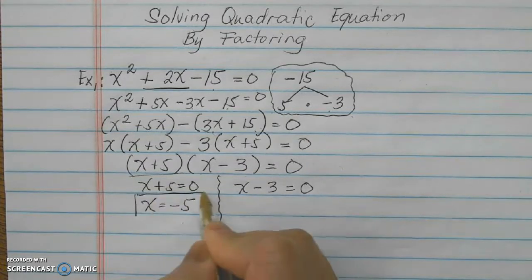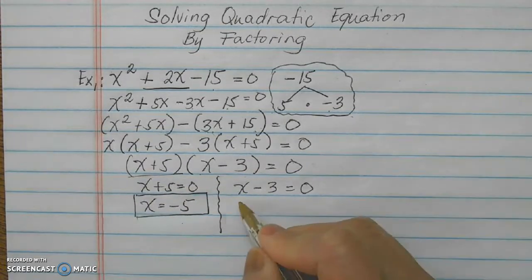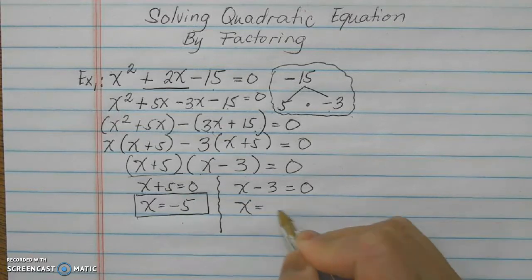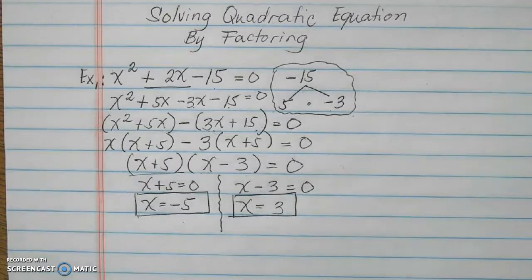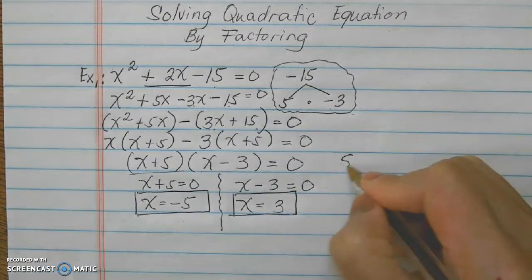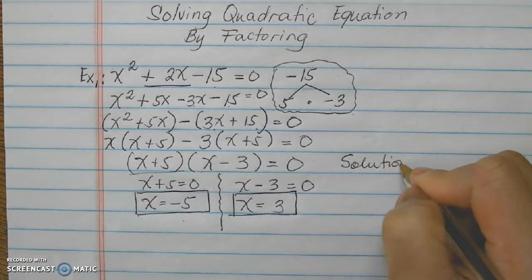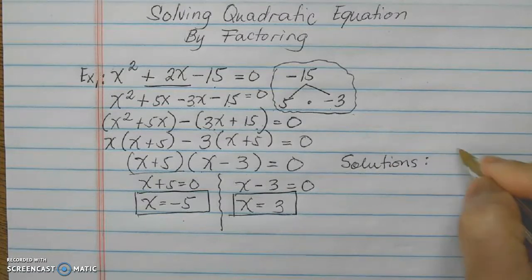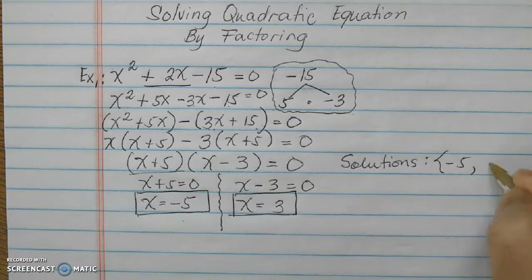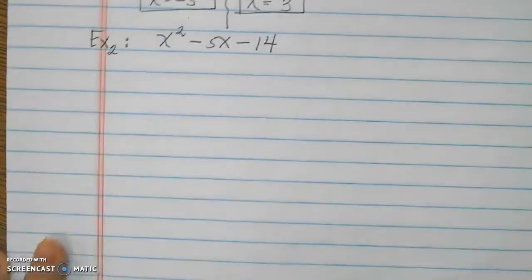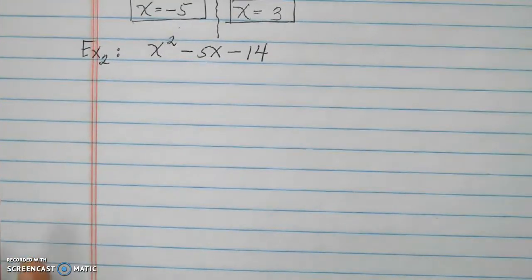This is our first solution. And this is now going to be x equals positive 3. This is our other solution. So that's how we solve. So our solutions are negative 5 and 3.